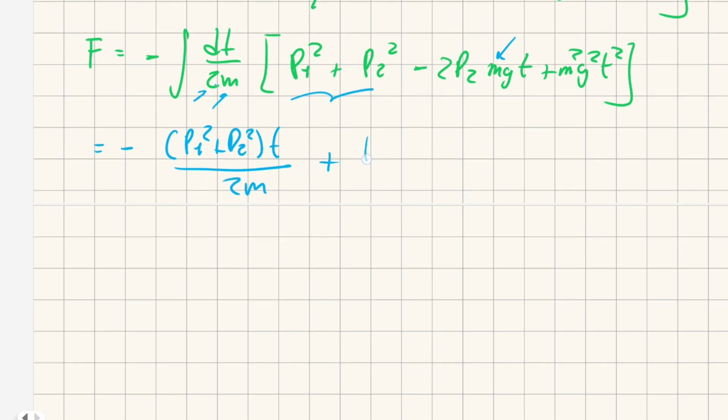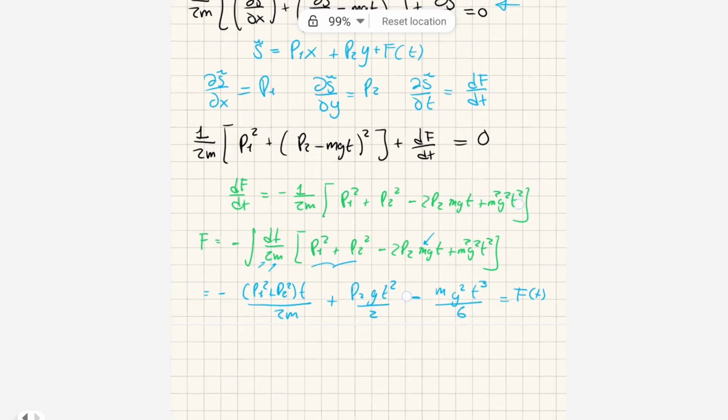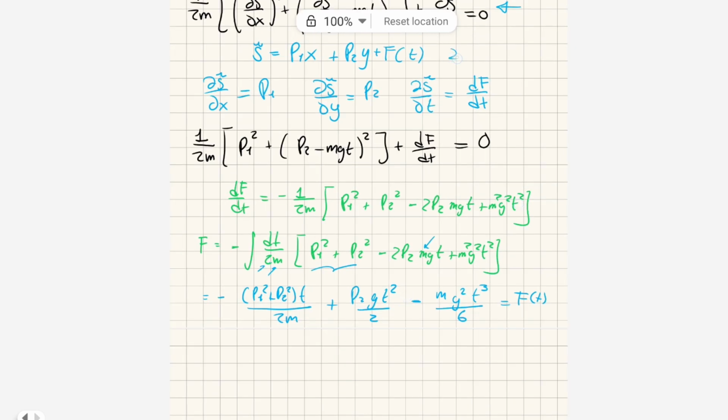So we will get p2 g t squared divided by 2. And then we will get a minus here, we can cancel an m. It is divided by 2, right? g squared, and then t to the third power divided by 3. But with these two, we will get a 6 here, right? Okay, perfect.